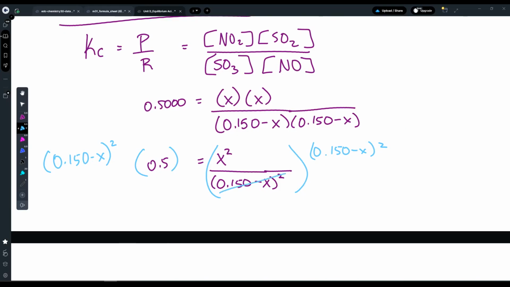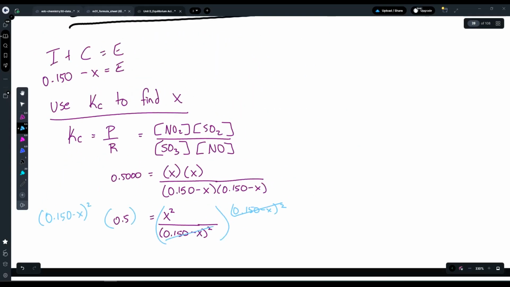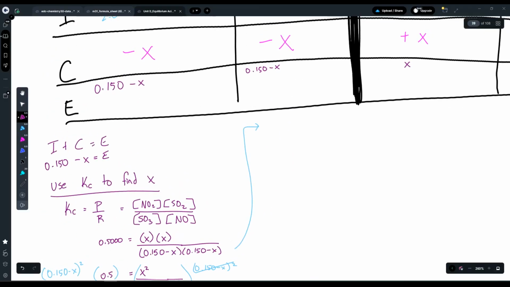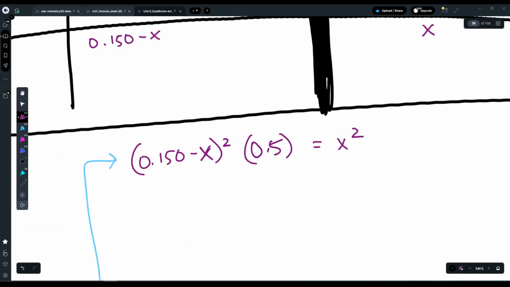Okay, so that's going to get rid of these. So then what I have is this. So how I'm going to isolate for x is I'm going to square root both sides.